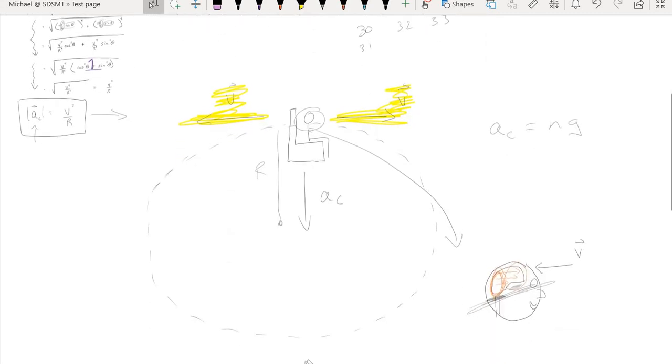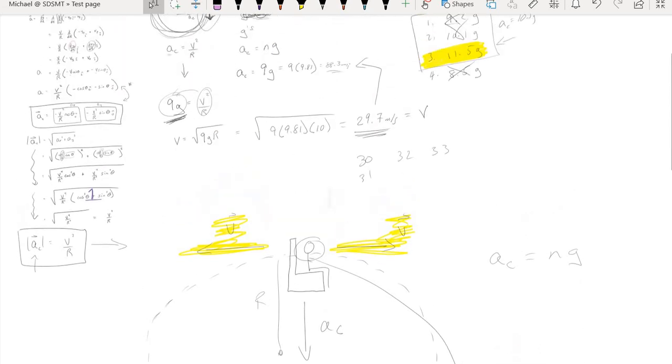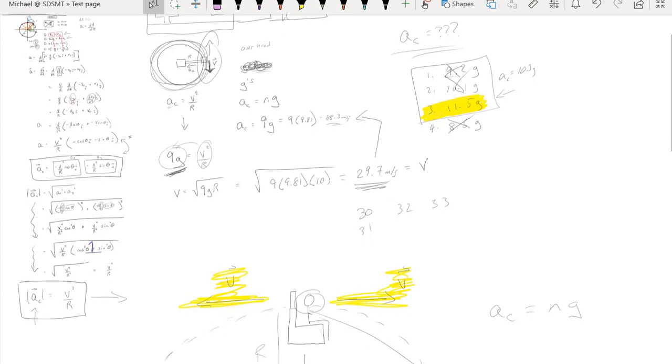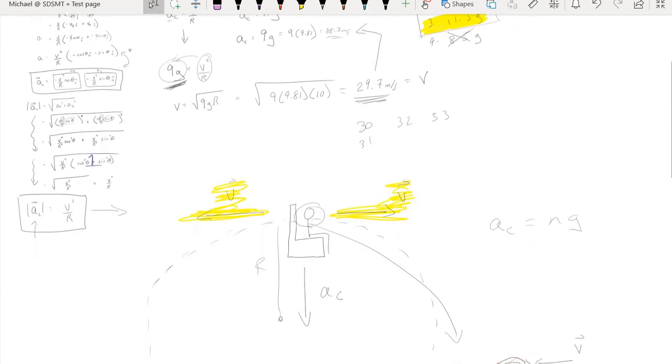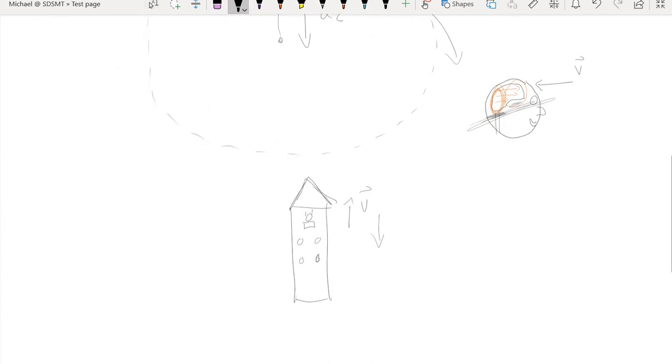In the next video, we're going to take a look at relative motion. And with relative motion, basically everything is going to be the same, except we're going to see what happens when one person tries to measure the motion of an object with respect to one frame of reference, and another person tries to measure the same object from a different frame of reference.